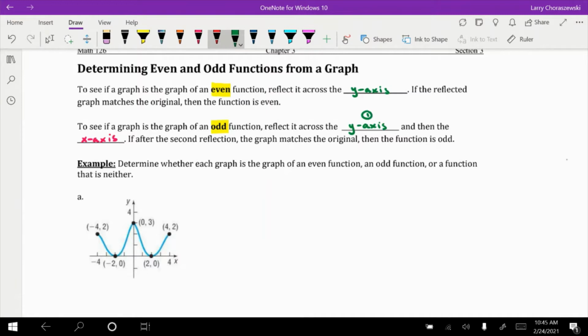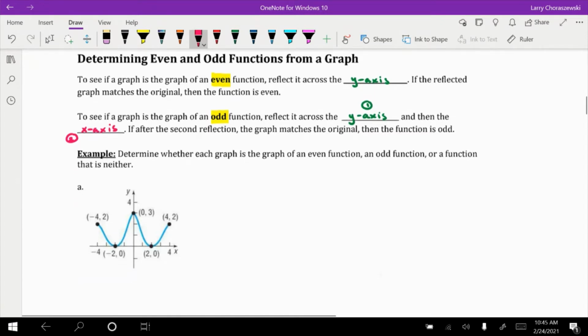The first is the y-axis, the second is the x-axis. And once you've done the x-axis reflection, if that graph matches the original, then the graph is a graph of an odd function. Now, in some cases, you can go through all these reflections and it does not match up with the original. And that's okay.